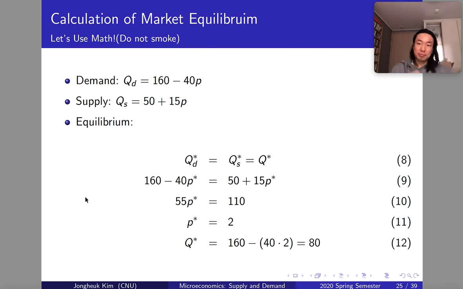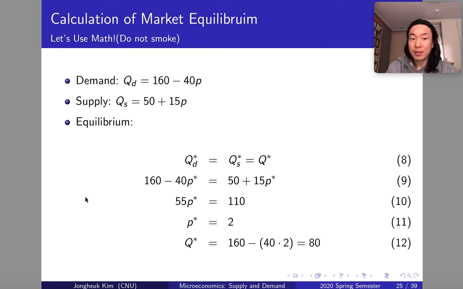I know some guys struggle with simple calculation, but the best way to improve your mathematics is just practice and practice again. So let us practice. We have two different types of curves: the demand curve or demand function, which is defined by QD, and the supply function, which is defined by QS.